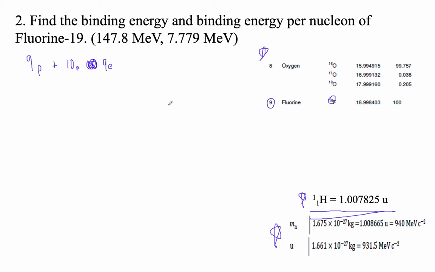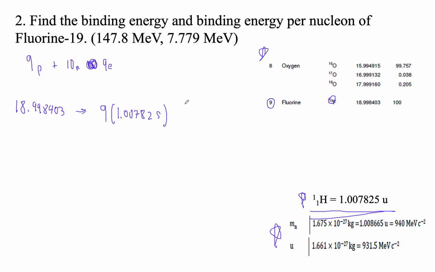So we're going to compare the mass of this guy, which is 18.998403, to the mass of 9 protons and electrons. So 1.007825. That's the neutral atom mass of a hydrogen atom.